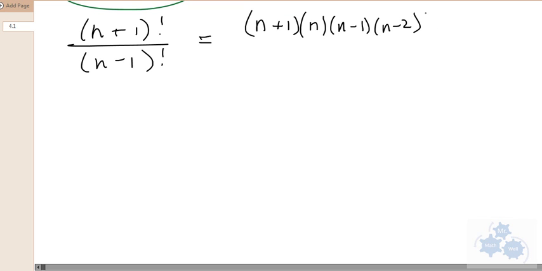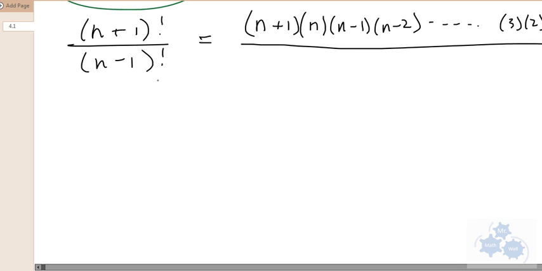So that's the same as this going all the way down to 1, right? And the bottom one, if I consider that, well, that's n times n minus 1 times n minus 2, and that goes all the way down to 3 times 2 times 1 until we get to 1, however many terms that is.